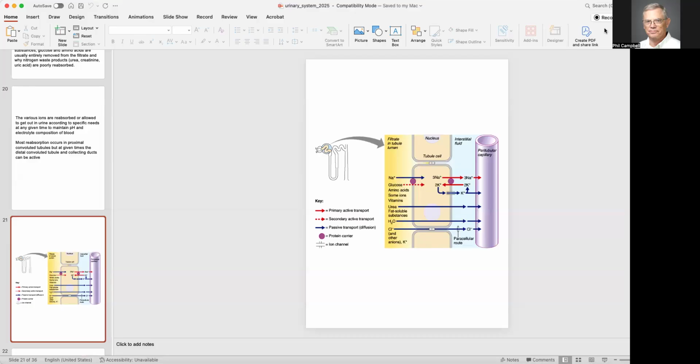Filtration is going from blood across the glomerular membrane into the tubular filtrate, and goes right into the tubule lumen. Reabsorption is more complex. It goes from the tubular lumen across the epithelial layer lining the tubule into the interstitial compartment, and from there into blood.